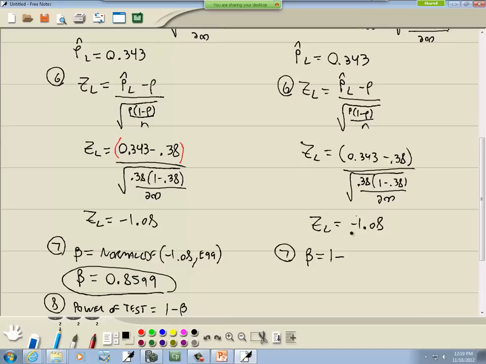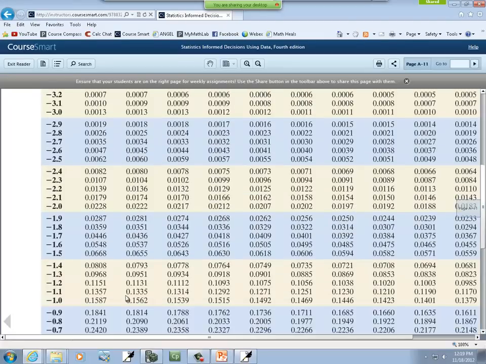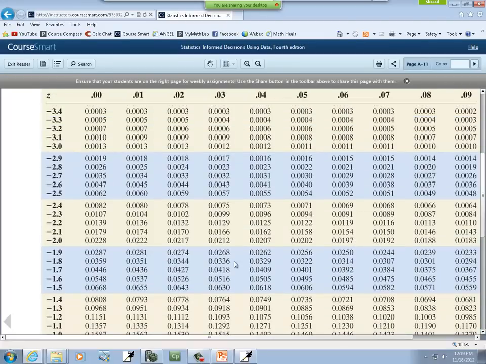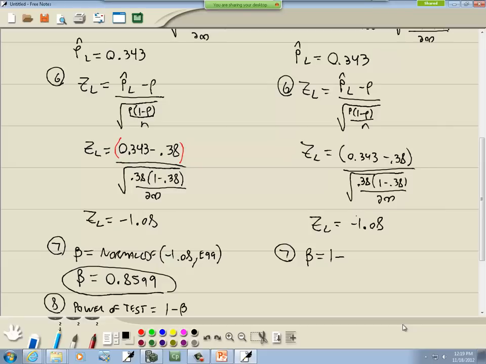And then we're going to go look up negative 1.08 in our table. Well, negative 1.0 is here, and then our hundredths is across the top. Okay, negative 1.0. And then hundredths is 8. So I come down here. Where they intersect is 0.1401. So 0.1401.